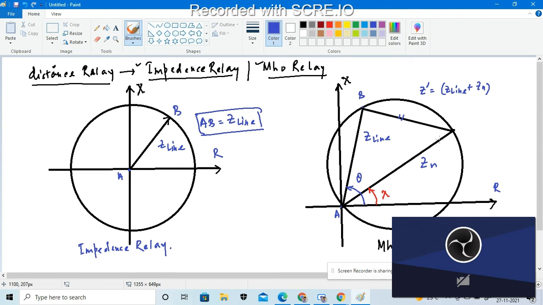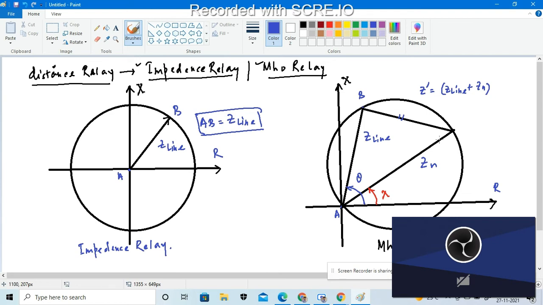From this vector diagram, we have to find the tripping law of an impedance relay. We put some set values.